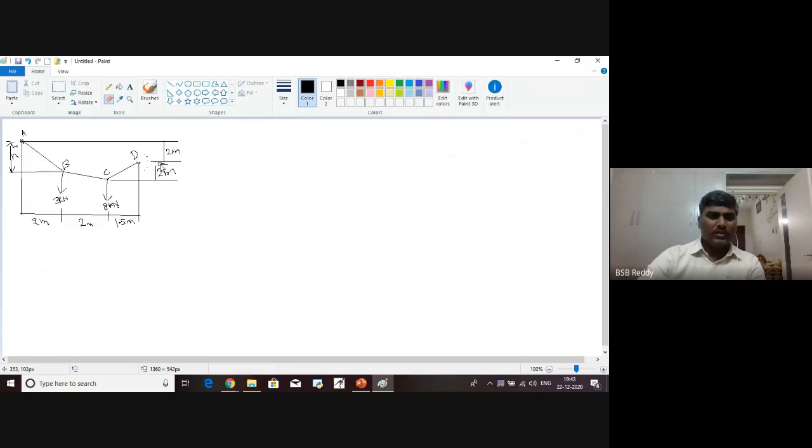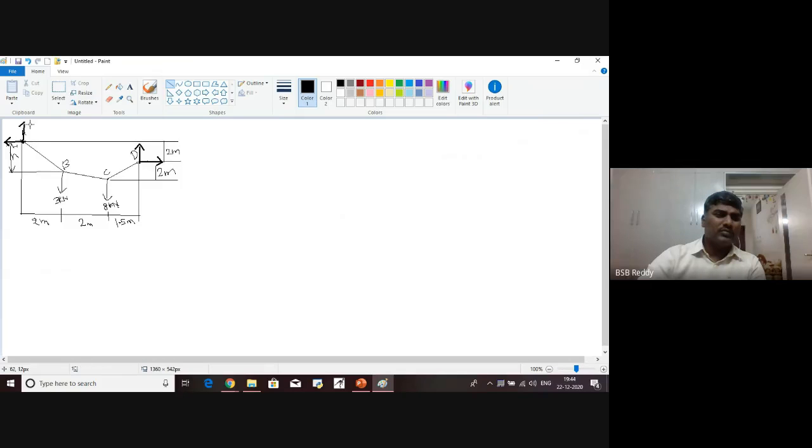Then draw the forces, which are the reactions at D and the reaction at A that I'm making now.